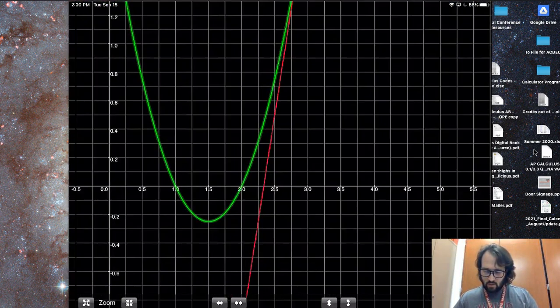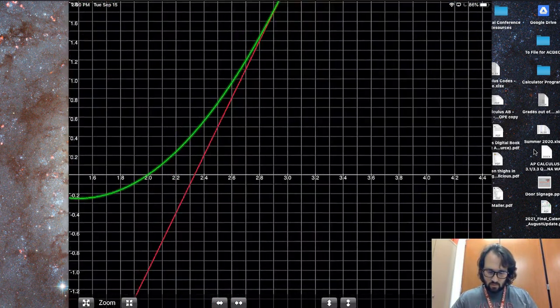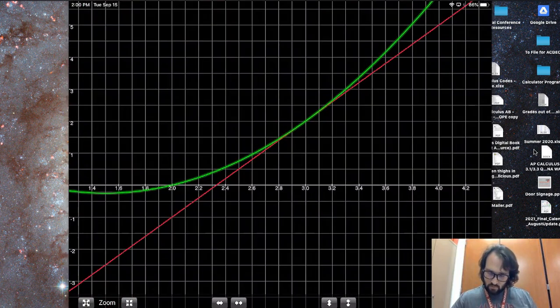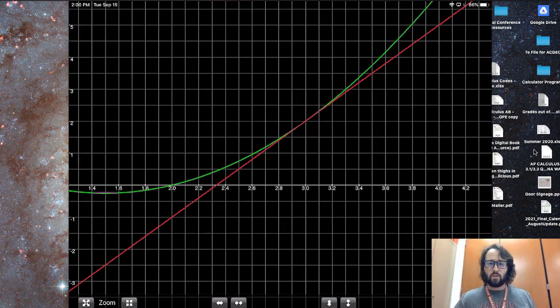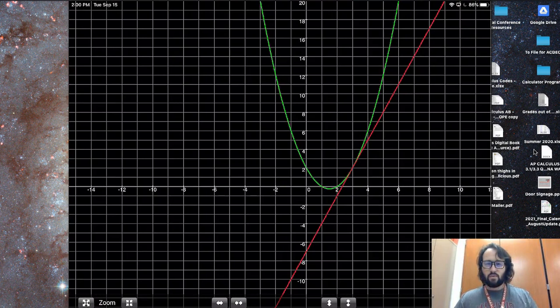And it looks like I am intercepting at x equals 3. But it looks like it's pretty good, right? I mean, it's touching right at 3. And I would say that that is a tangent line if I've ever seen a tangent line before. So it kind of helps you verify that you're on the graph, you're at the right position.